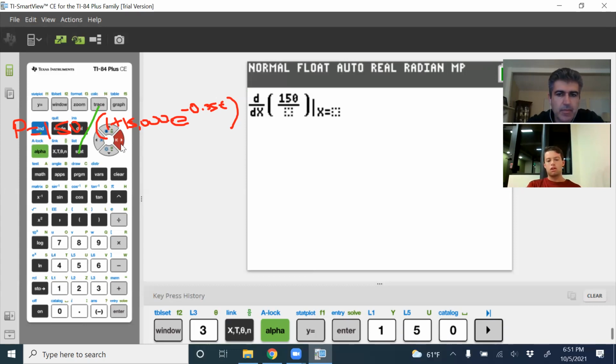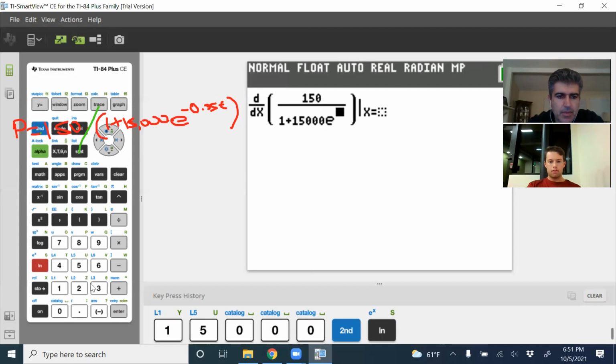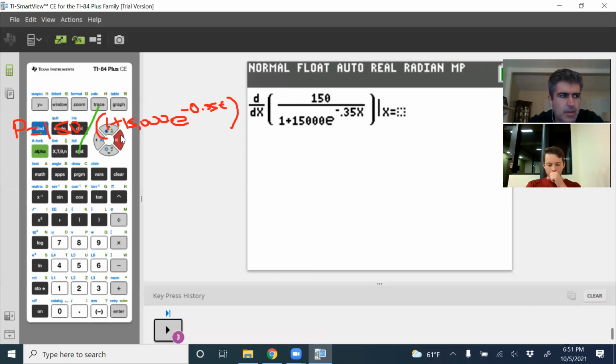First option, thank you. Why was the first option that? Fraction. Oh, okay. Then put 150 in the numerator. 1 plus 15,000 e, ln e to the negative 0.35x. And then you put x equals 20.